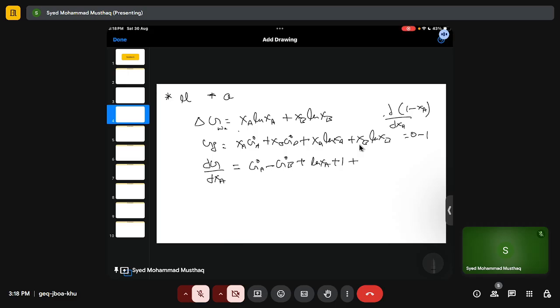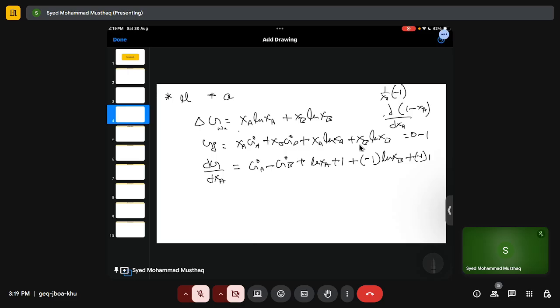Now same goes here. XB, you can write as 1 minus XA, then it will be minus 1 ln XB plus, now I want to differentiate ln XB. So if I differentiate ln XB, it will be 1 by XB. Then again I will differentiate the XB, this will be minus 1. So XB into 1 by XB, it will be again 1.